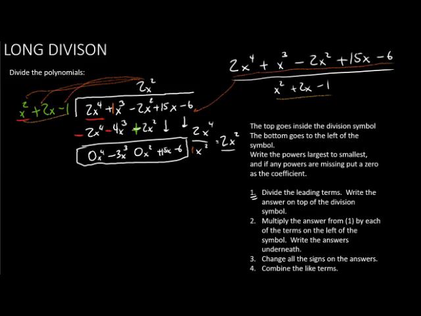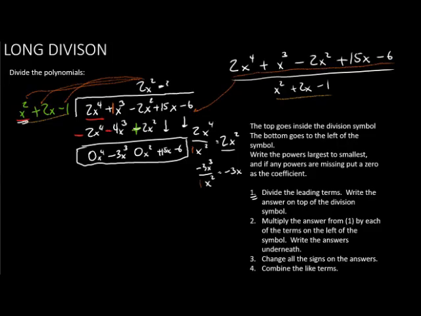We will now divide the leading terms once again, but now we have a different leading term. That's -3x to the third. We will still divide it by the leading term on the left, that's x squared. We'll take negative 3x to the third over x squared. If we take negative 3 over the invisible 1, we'll get negative 3 as our constant. And if we take x to the third over x squared, we get x.